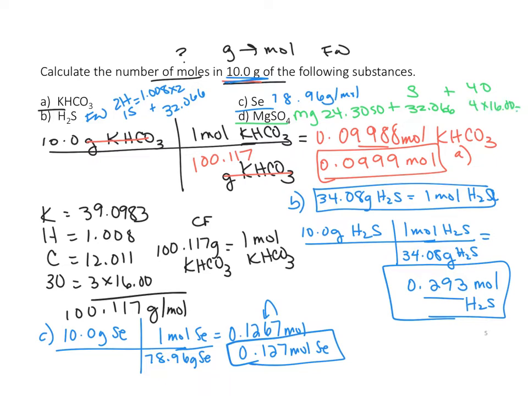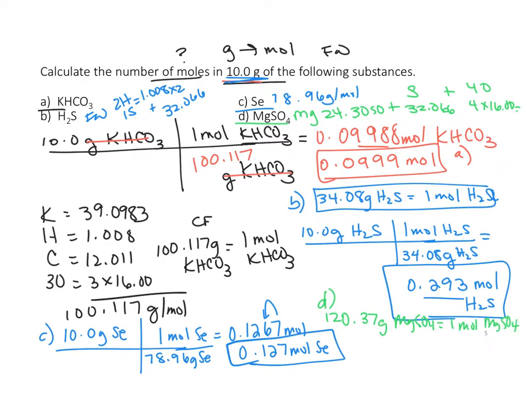So if we sum this up, 4 times 16 plus 32.066 plus 24.3050. Then for D, our conversion factor is 120.37 grams of magnesium sulfate equals 1 mole of magnesium sulfate.